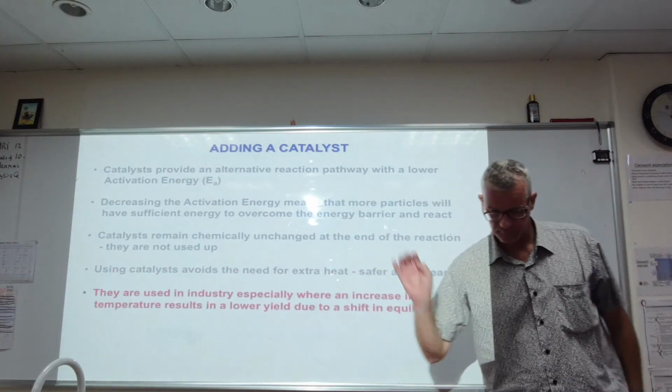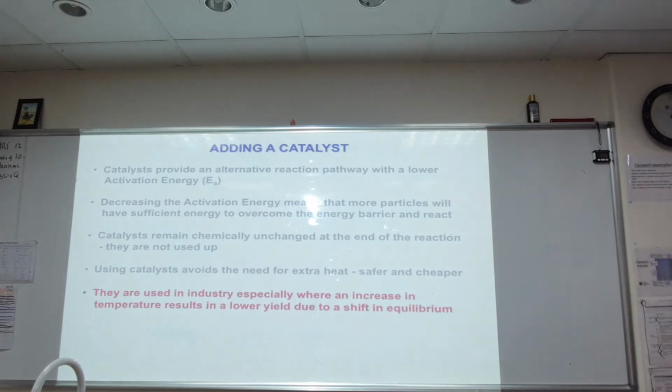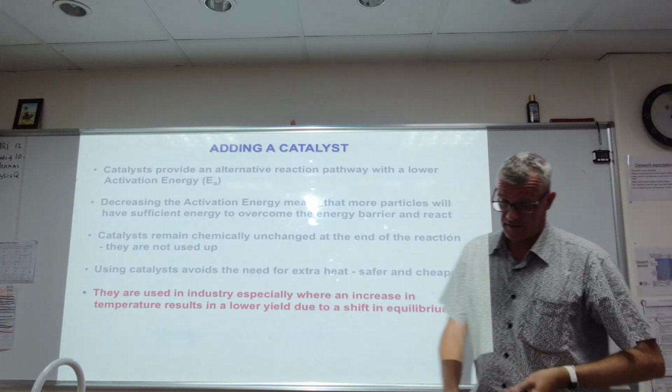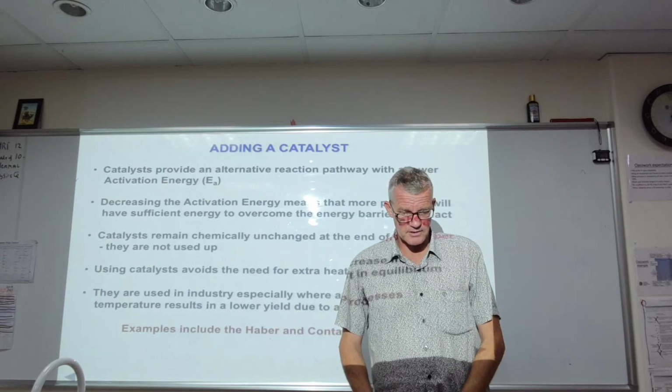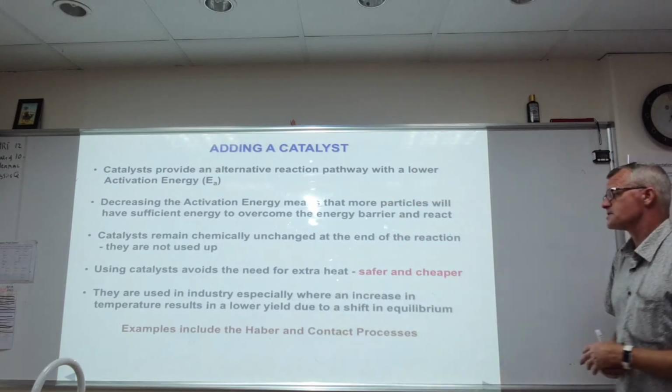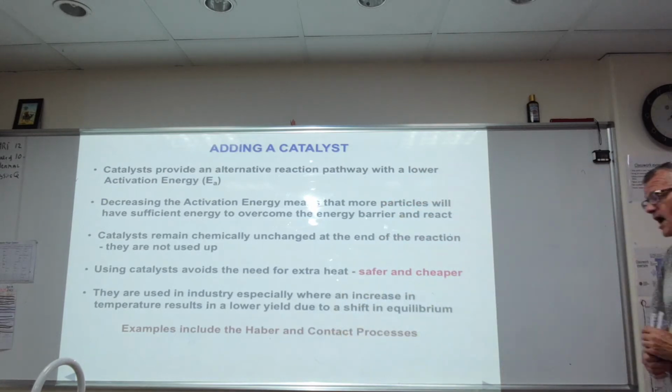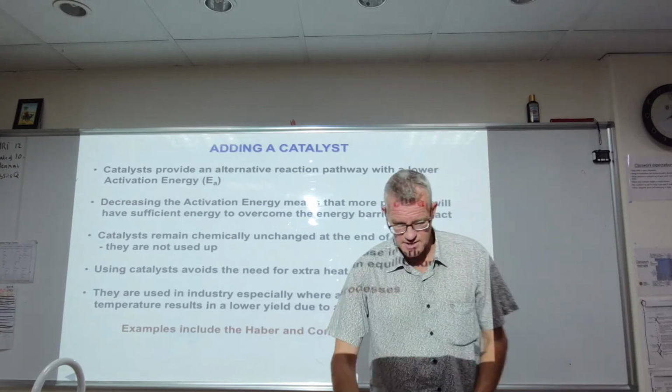All right. And they are especially used where an increase in temperature results in a lower yield due to the shift in equilibrium. But we come to that another time. Okay? So, some examples that we use include Haber and contact processes.